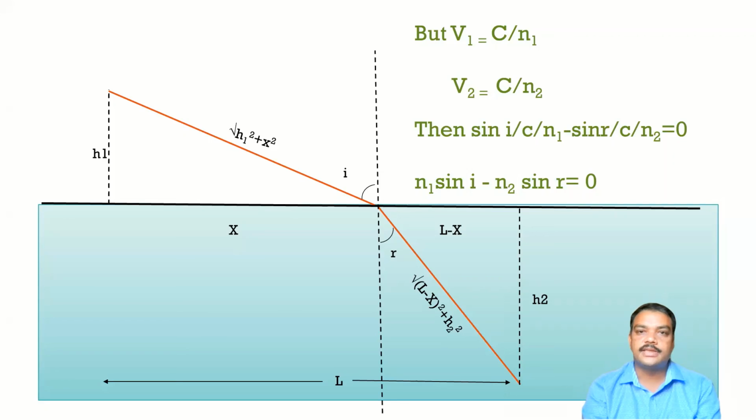Then sin I by c by N1 minus sin R by c by N2 is equal to 0. Further simplification gives N1 sin I minus N2 sin R equal to 0.